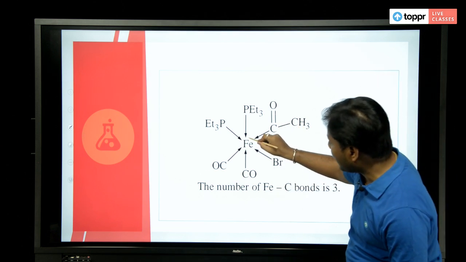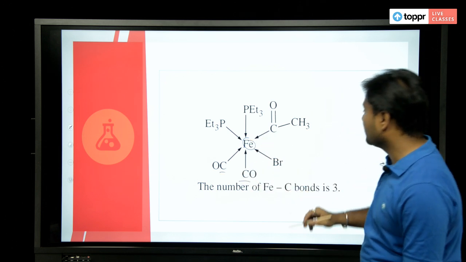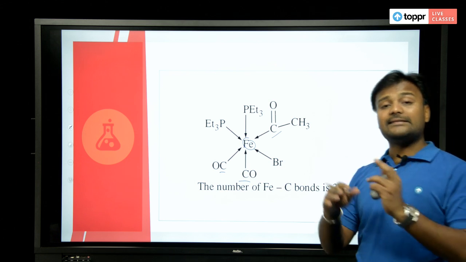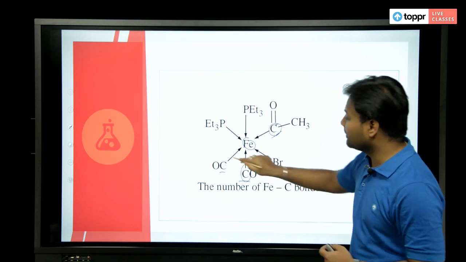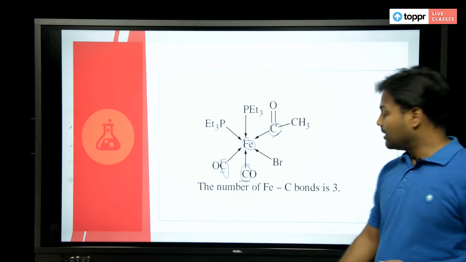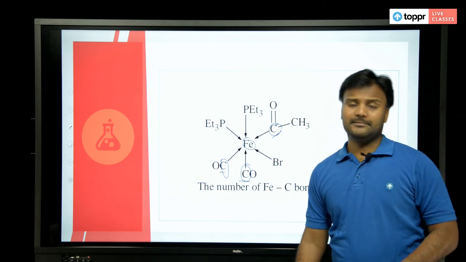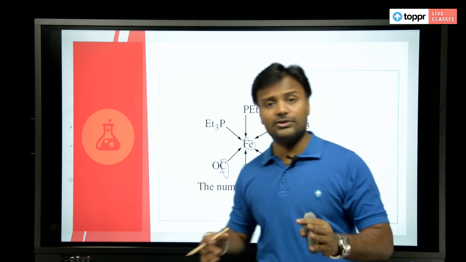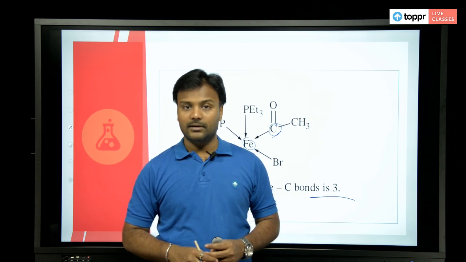So, you have an iron, the central metal atom, the number of bonds that are directly bonded, FeC bonds, it is not FeCO bonds. Iron directly bonded to one carbon, second carbon and third carbon. So, here you have FeC bonds is 3. You need to know the nomenclature from the name to structure and structure to name is very much important to know.